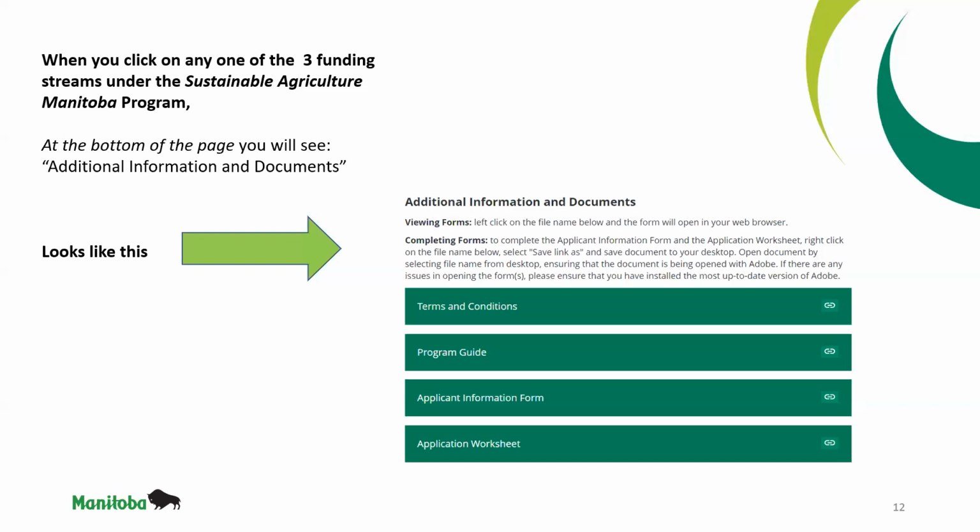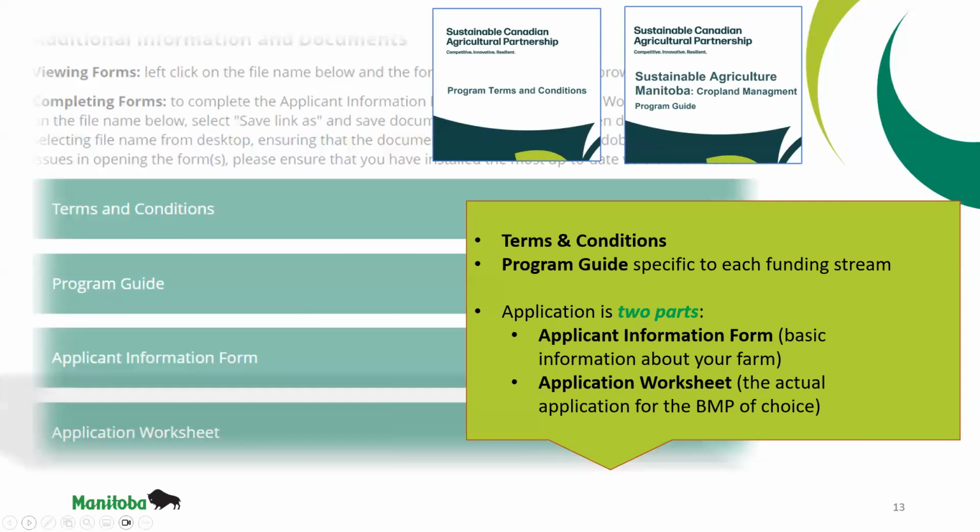Then we have the applicant information form and the application worksheet. I'll talk a little bit more in detail about those. When you're applying to SAM, Sustainable Agriculture Manitoba, your application will be in 2 parts. The first thing to realize is that the applicant information form is just basic information about your farm, and it only has to be completed once over the whole agreement.